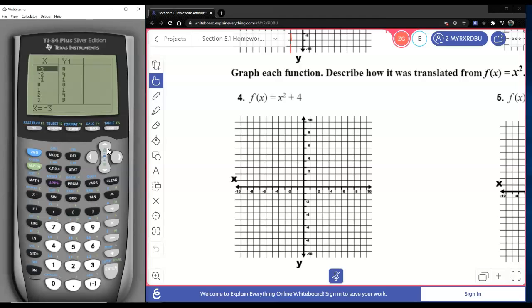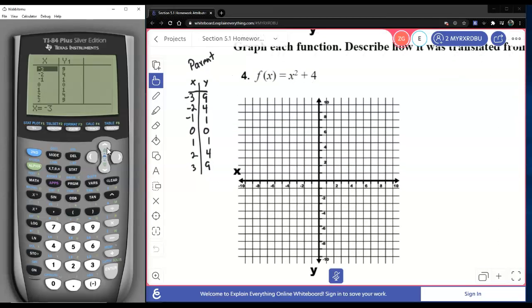If you want, you can just write it here on the side, and you don't have to redo it over and over again. So I have (-3, 9), (-2, 4), (-1, 1), (0, 0), (1, 1), (2, 4), (3, 9). You'll probably memorize this, and you'll just reuse it over and over again.